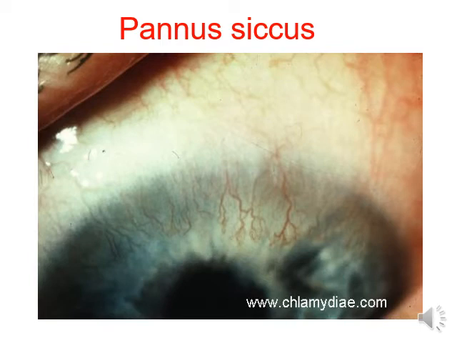And what is caecus? Caecus means dry, so this is a dry pannus. Again, this is one of the manifestations of scarred old trachoma. The patient is not infective in this stage.